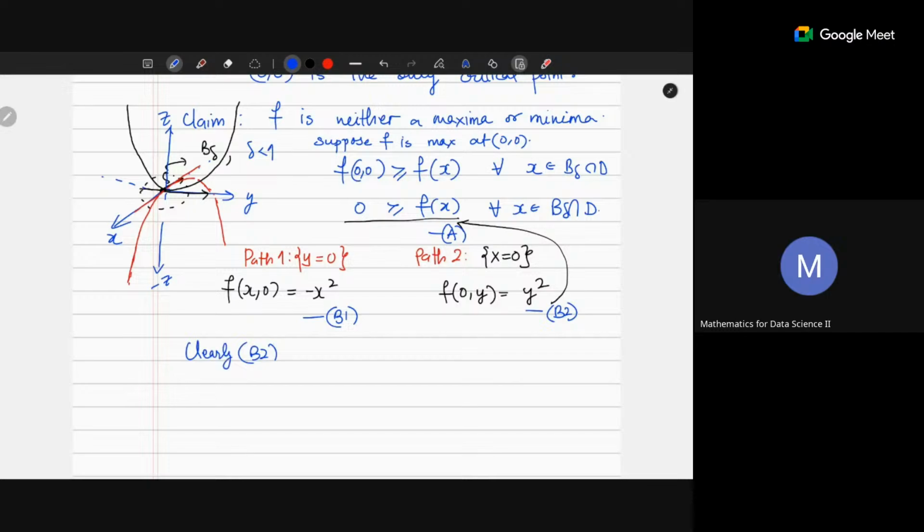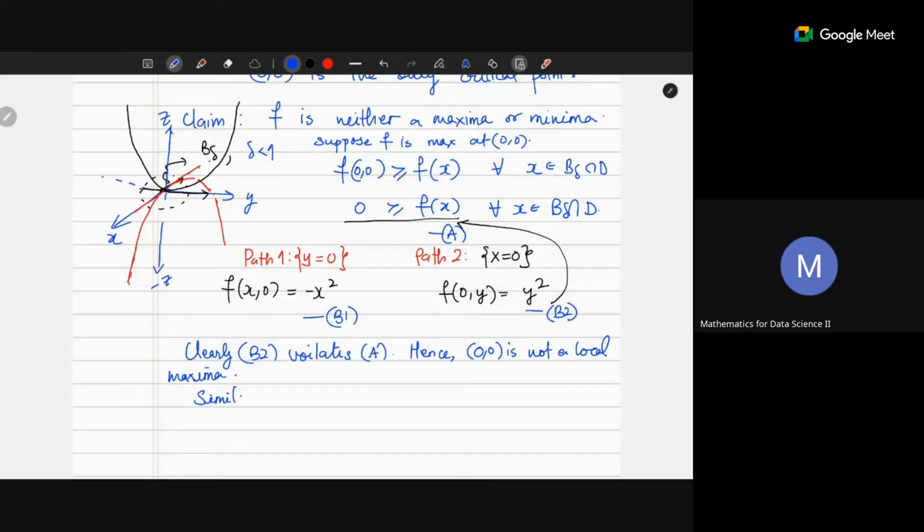Clearly B2 violates A. Hence 0, 0 is not a local maximum.